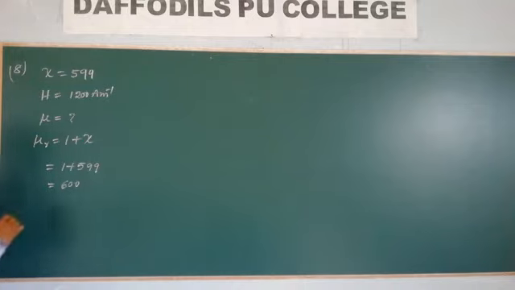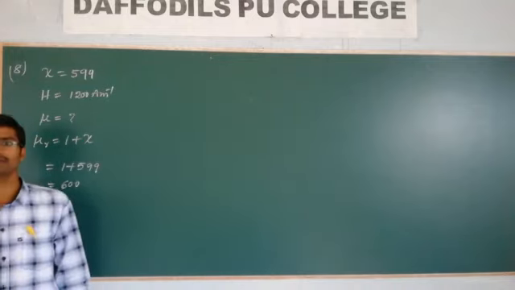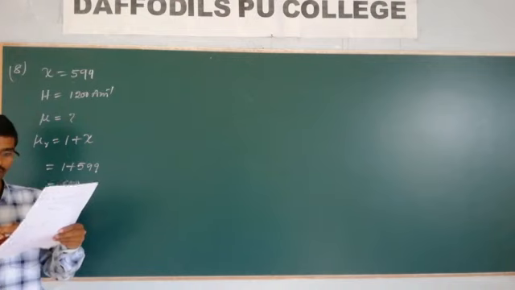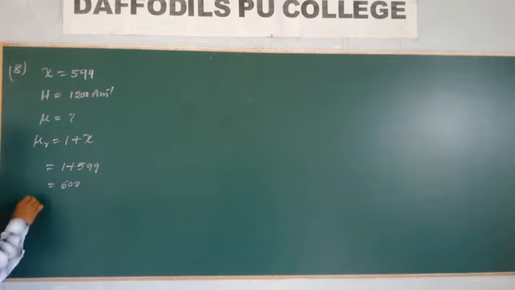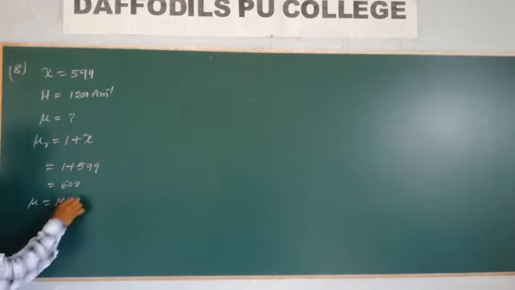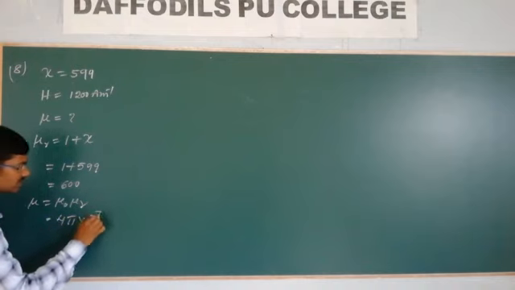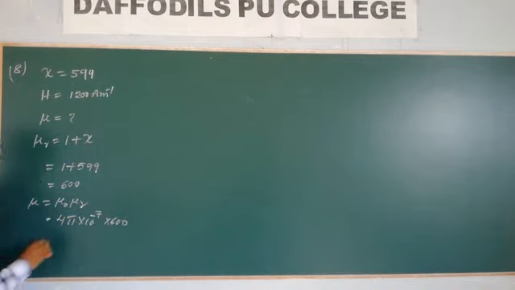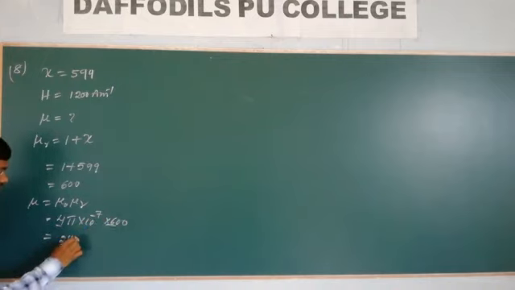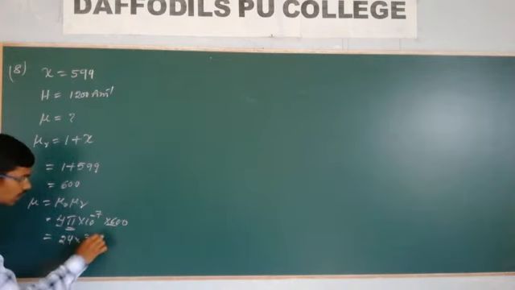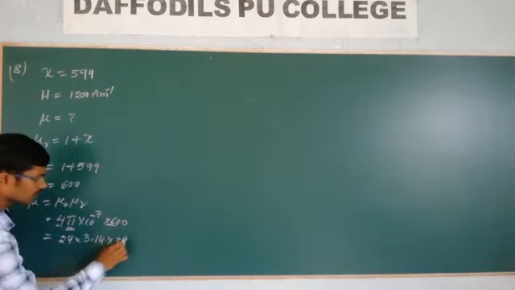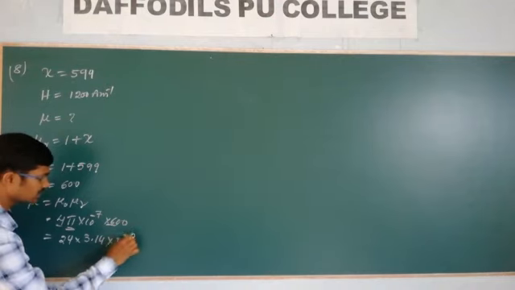But we need to find the permeability of the material. So permeability mu is equal to mu naught mu r. Mu naught value we know is 4 pi into 10 power minus 7, into 600. That is equal to 4 into 6, 24, into the pi value 3.14, into 10 power minus 1.